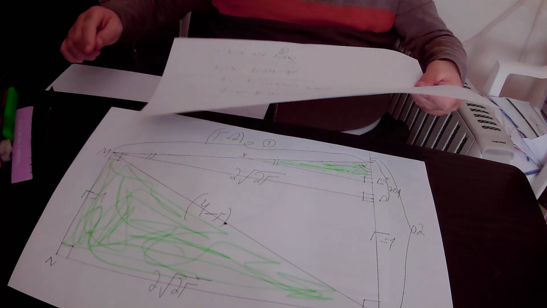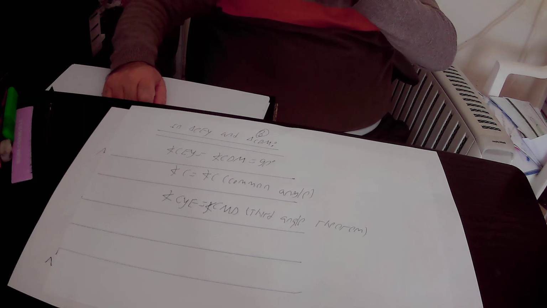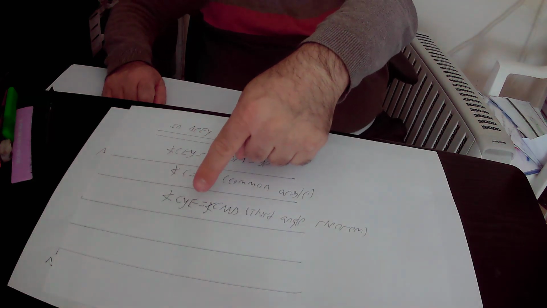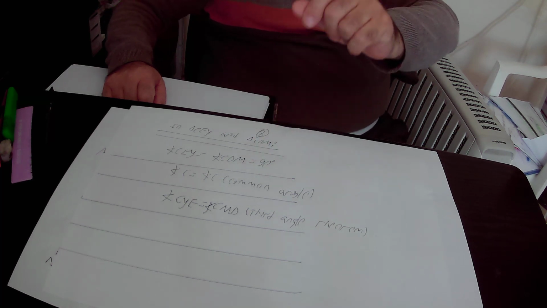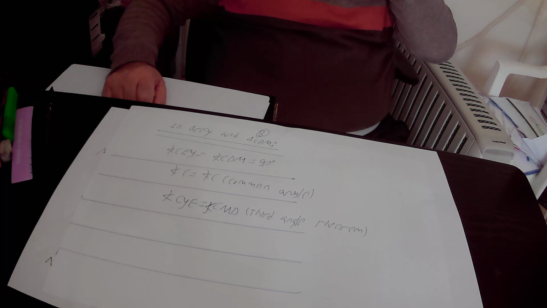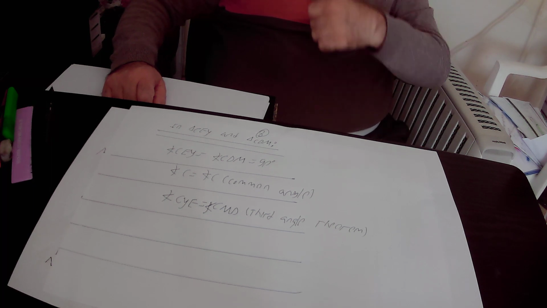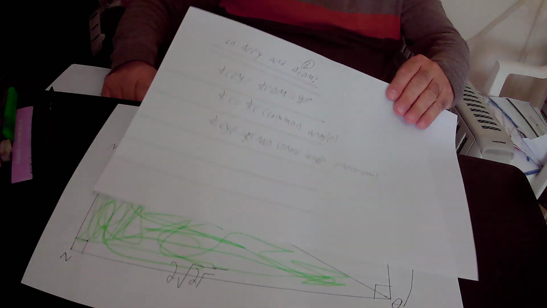So we actually proved that all three angles in triangle CYE, 1, 2, 3, are congruent to all three angles of triangle CDM. Therefore, we actually proved that triangle CYE is similar to triangle CDM according to angle similarity rule. So I write it down.